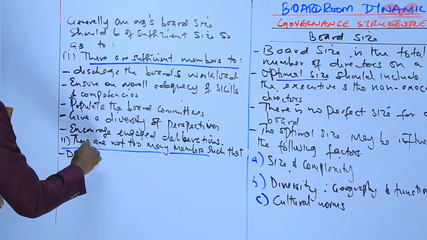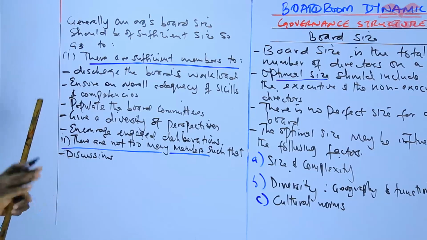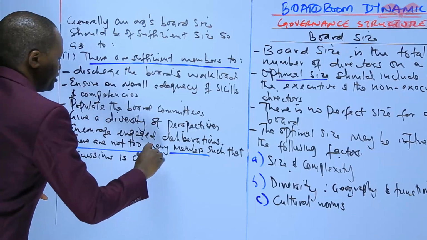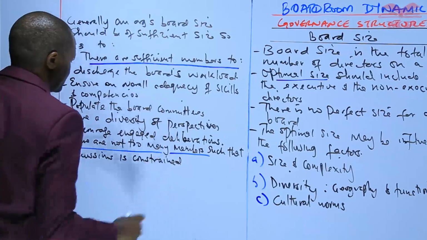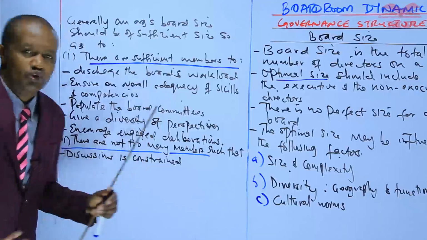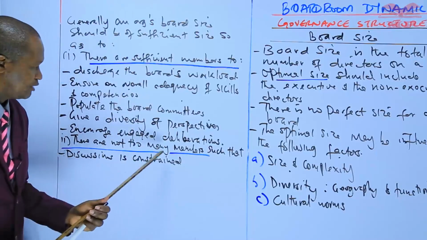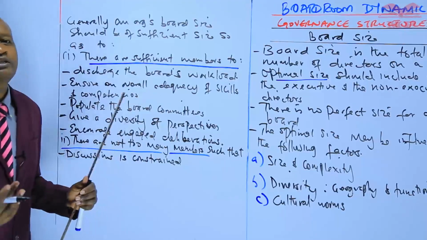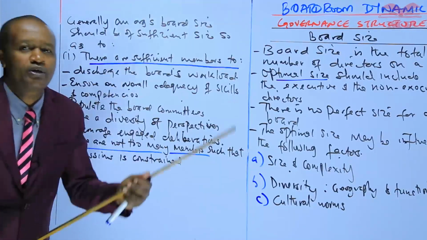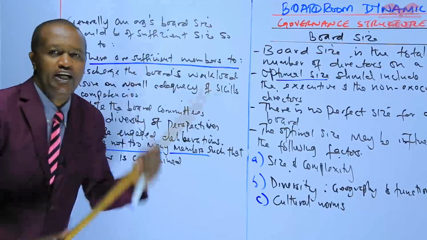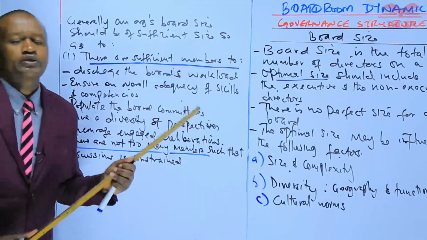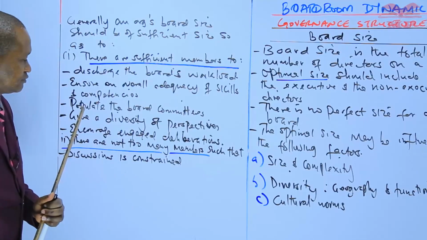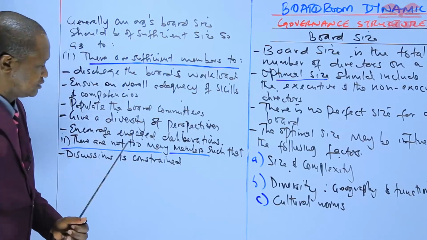If you have too many members, then discussions can be constrained. Too many members can cause discussions at the board to be constrained. So there should not be too many members such that discussions are constrained, and it is difficult for all board members to meaningfully engage in discussions and contribute to deliberations. All right?